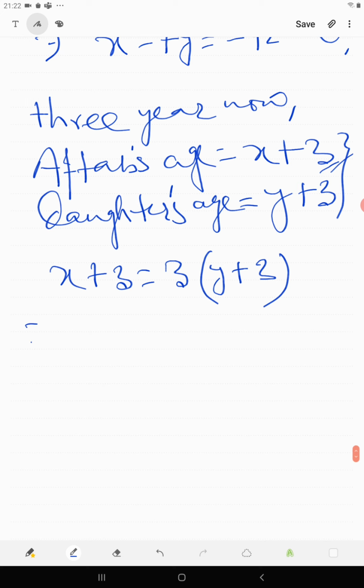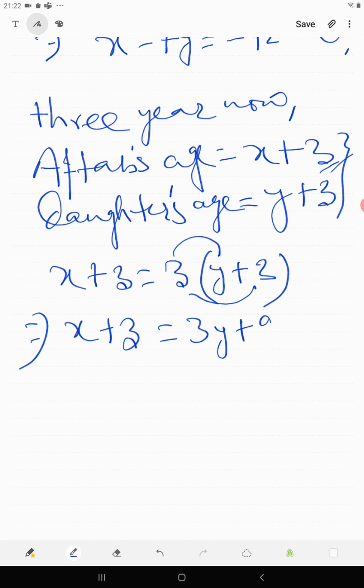Let's now make it a pure equation. x plus 3 equals 3 multiplied with y first, so 3y, then 3 multiplied with plus 3, so plus 9. Now this 3y I will bring to the left hand side and 3 I will take to the right hand side. 3y is positive on the right hand side, so it becomes negative on the left hand side.